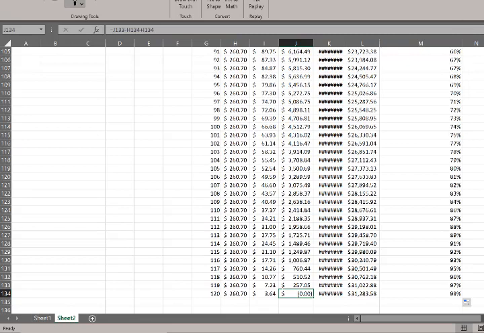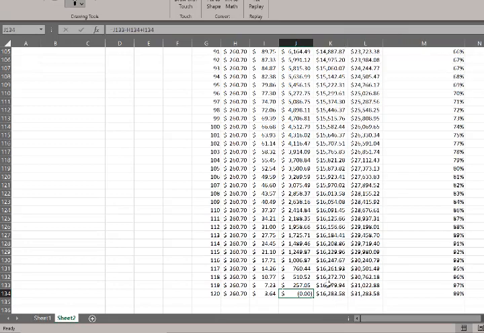And note that we're now at 0 balance. Okay.